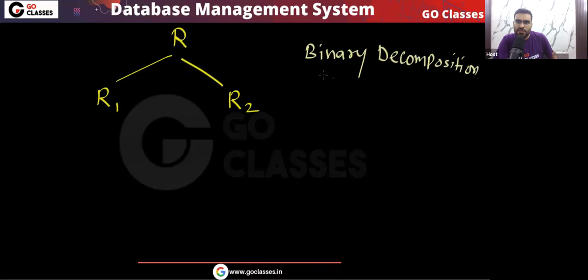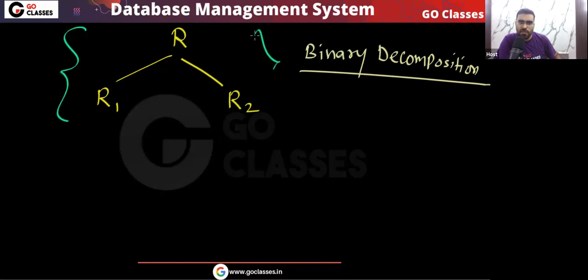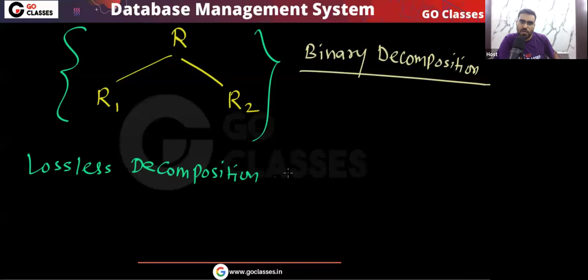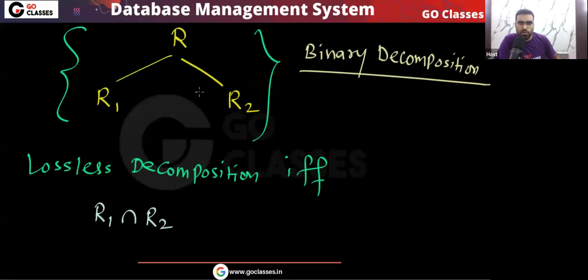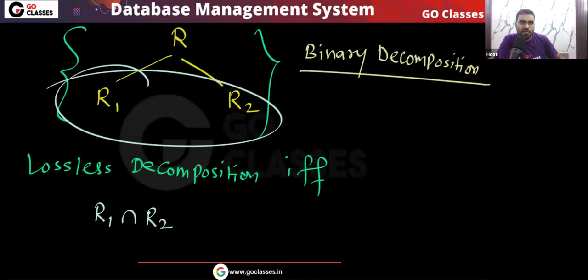What is the condition for lossless join in binary decomposition? This decomposition will be lossless if and only if the common set of attributes of R1, R2, that is R1 intersection R2, is a super key in at least one of them.